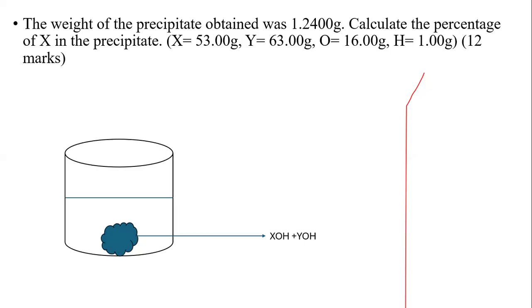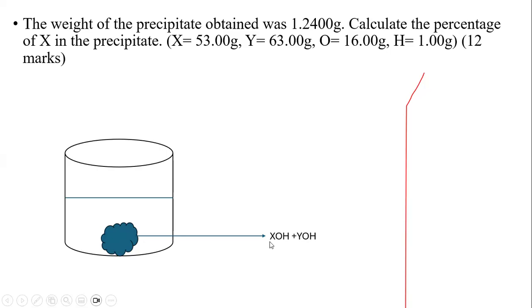Right? So, N into, now, this XOH and YOH, now you have the total weight. That is the weight of XOH and YOH. Am I correct, Harida? Yes, madam, 1.24 is the weight of XOH plus the weight of YOH.